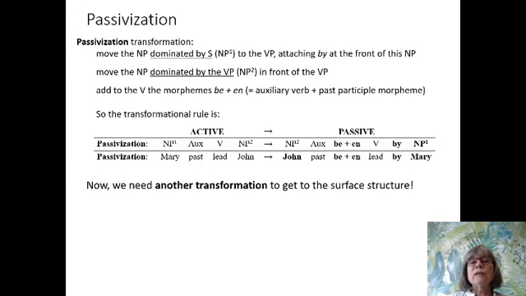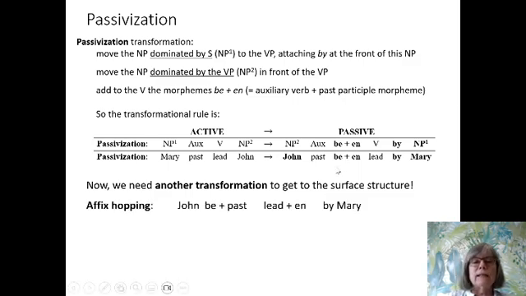And now we need another transformation to get to the surface structure, right? Because we didn't say John past be plus en lead by Mary. Obviously, we need to get these morphemes in the right place in the clause. So it's called affix hopping. I think that's kind of a fun name. I think they must have been having fun naming these transformations, okay?